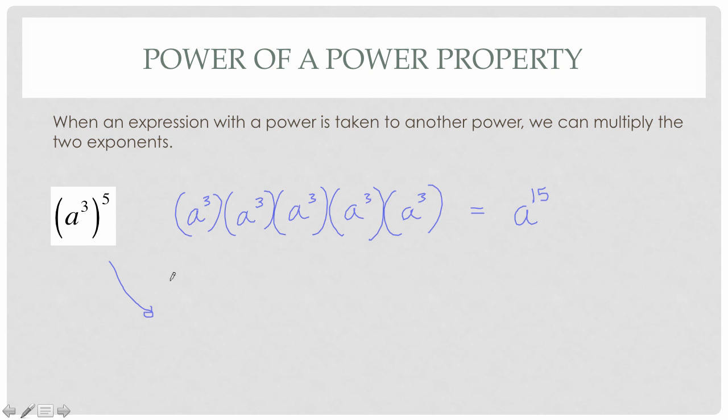I have a to the third, but there's 5 sets of them. That's multiplication, so it ends up equaling a to the 3 times 5. There's 5 sets of 3 a's all being multiplied, and so we can rewrite it like that. So with the power of a power property, if I have a variable with a power being taken to another power, I can multiply the exponents together.